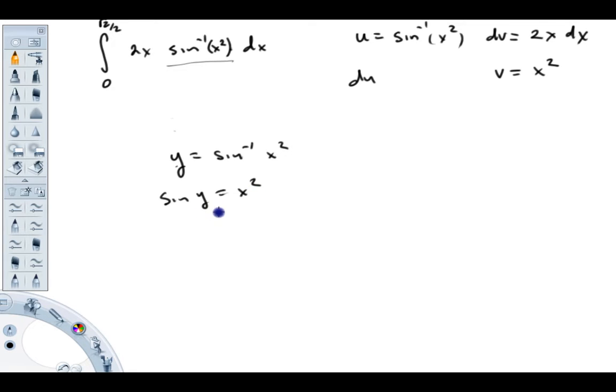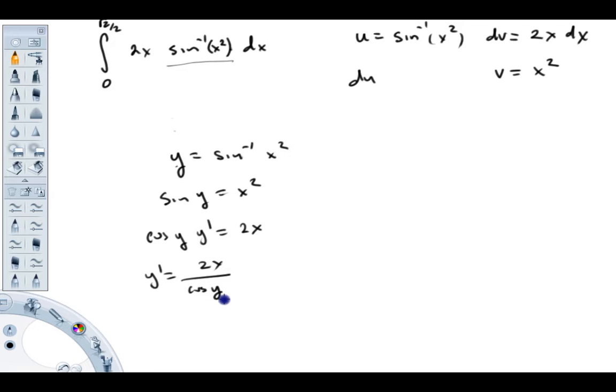Now, if we implicitly differentiate this, it's going to read cosine y times y prime is equal to 2x. So y prime is equal to 2x over cosine y.